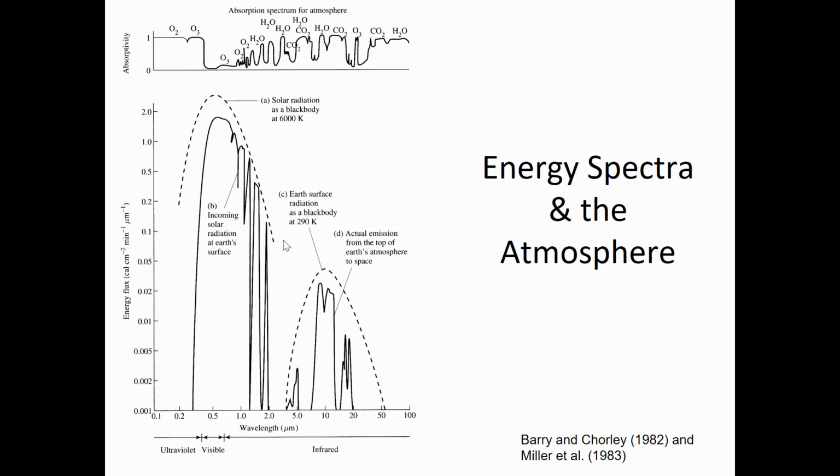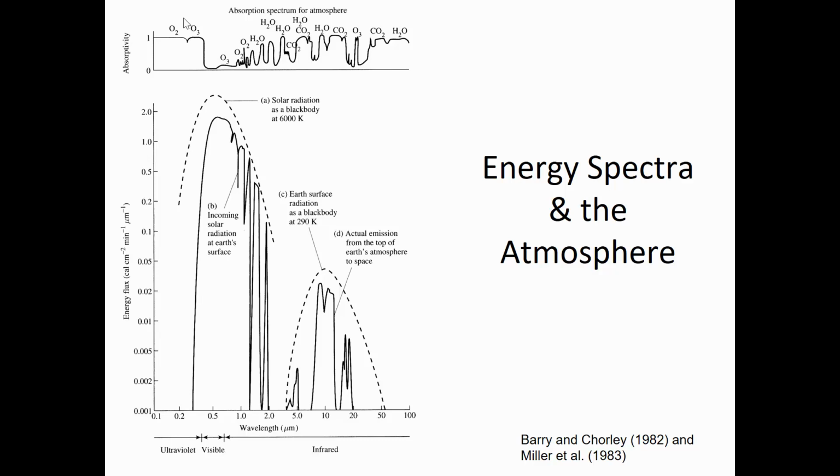It shows the difference in the wavelength of energy that's coming into Earth, which is relatively low wavelengths in the ultraviolet and visible range, and then what's reflected off of the Earth's surface back into space is infrared energy at a longer wavelength. And this figure up above is showing different gases and the spectrum of light that they absorb.